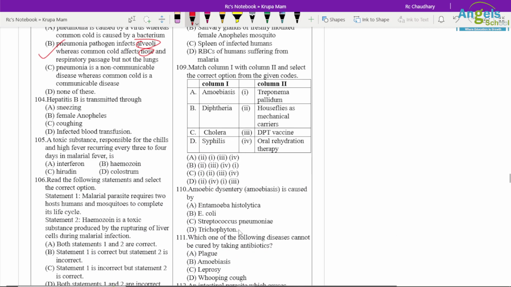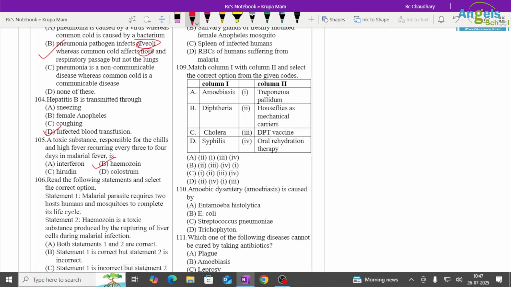Hepatitis B is transmitted through sneezing, female Anopheles, coughing, not possible. So infected blood transfusion is the correct option. A toxic substance responsible for chills and high fever recurring every 3 to 4 days in malaria is due to hemozoin. Read the following statements.